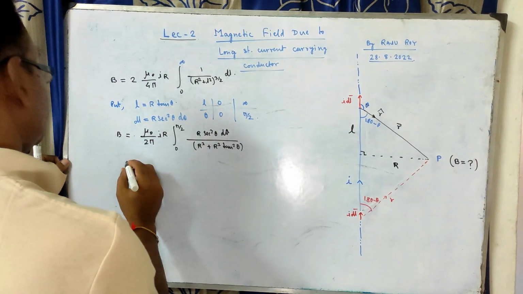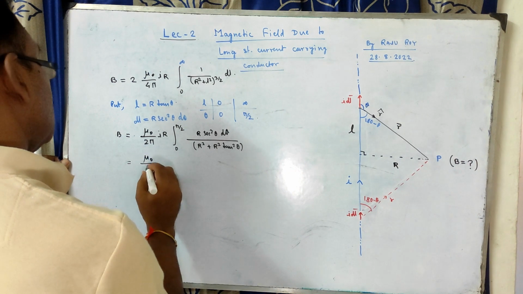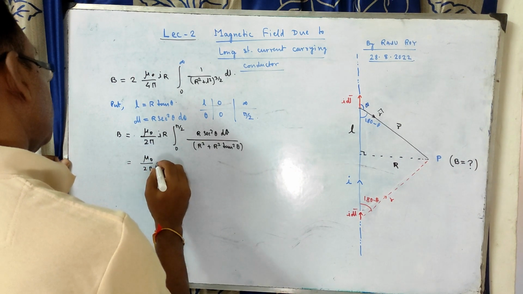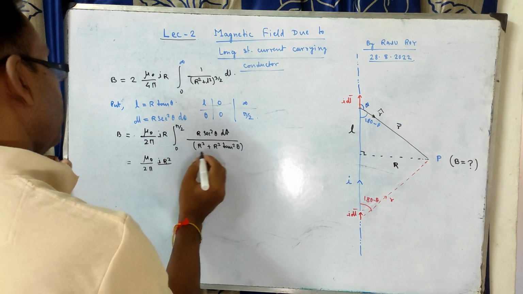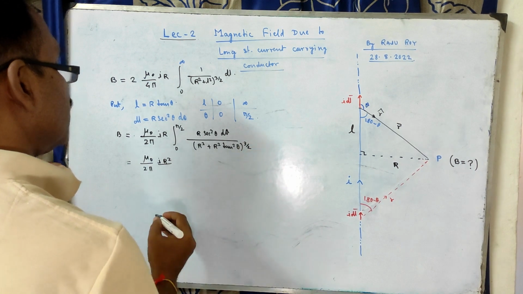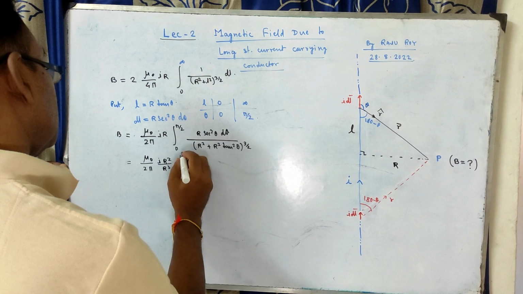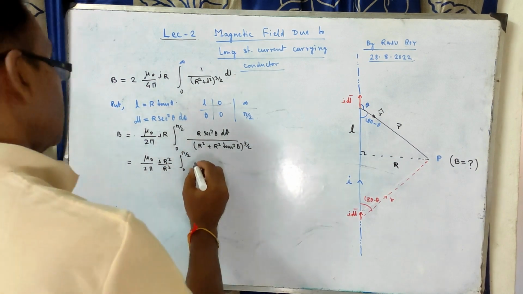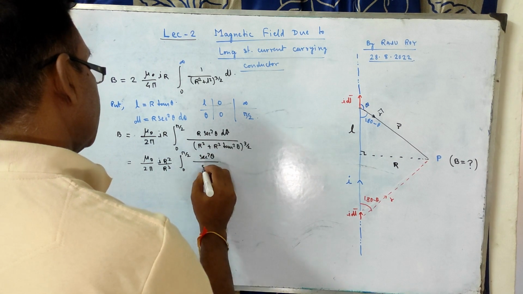So this is mu 0 by 2 pi I r square, and bottom also r square. This is 3 by 2, right, 3 by 2. r square, if it comes out, it is r cube, right. So 0 to pi by 2 secant square theta divided by 1 plus tan square theta, which is again secant square theta.